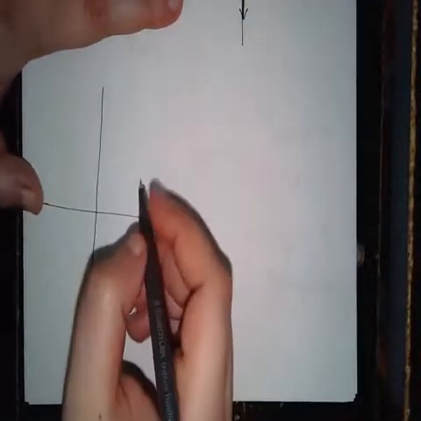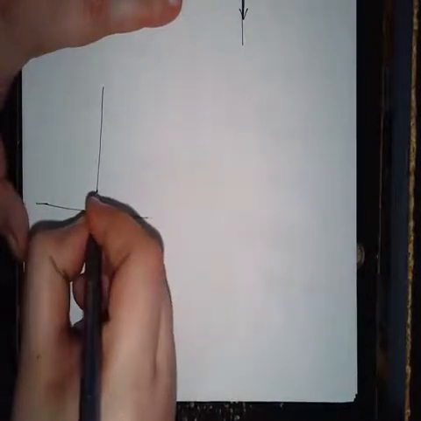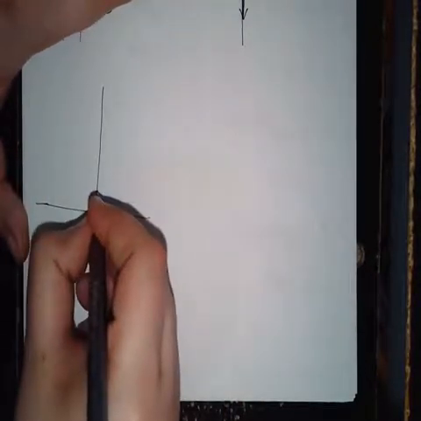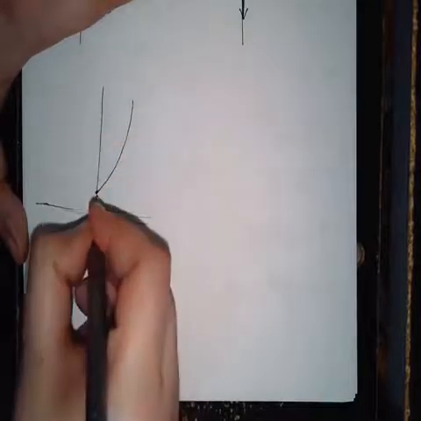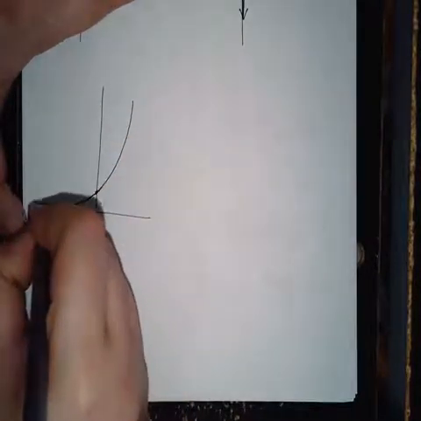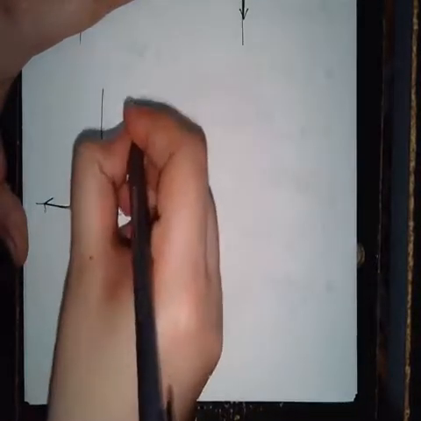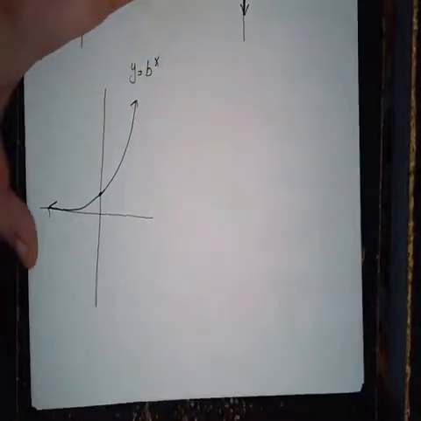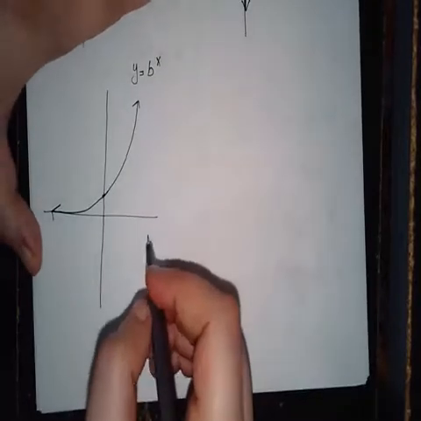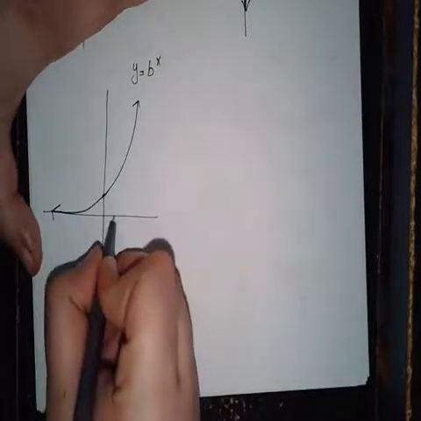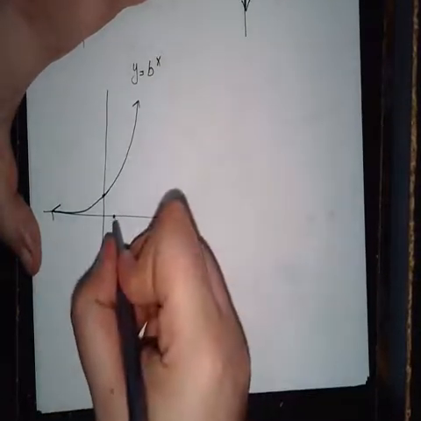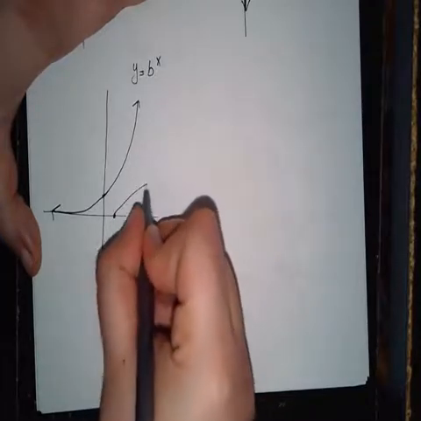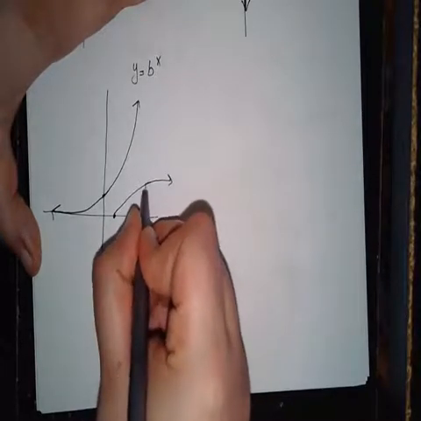So say you have at y1 x0 a function that goes like this and does this. This would be your exponential function, y equals b to the x. Okay? And we'll have at y0 x is 1, a function that does this.